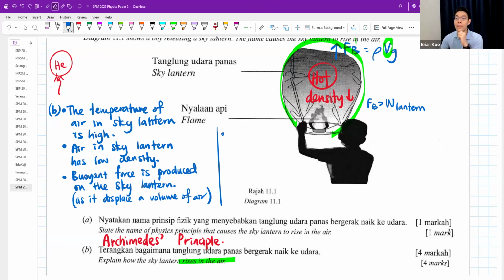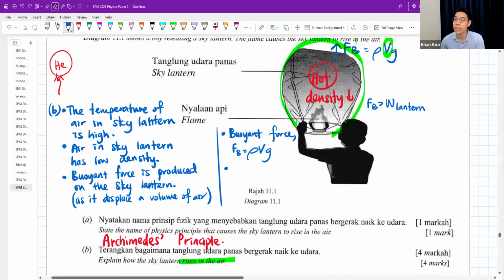And then you know what? Sometimes, whatever put down, including the formula, buoyant force has a formula of rho V g. Okay, rho V g. You get 1 mark for that. And then sky lantern can rise up because the buoyant force is bigger than the weight of the lantern. Okay.